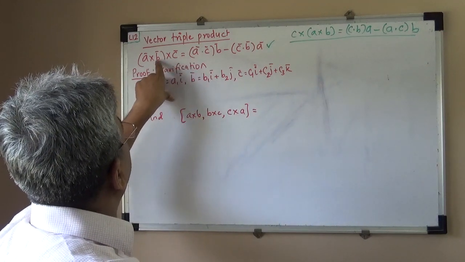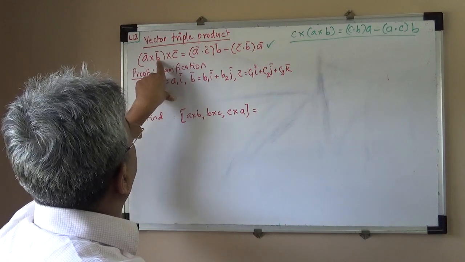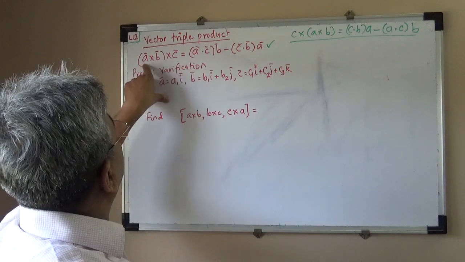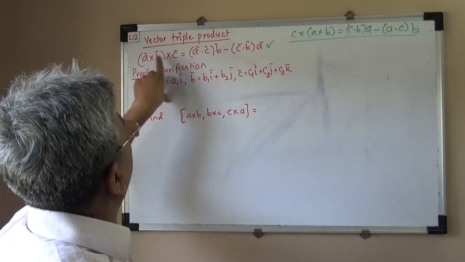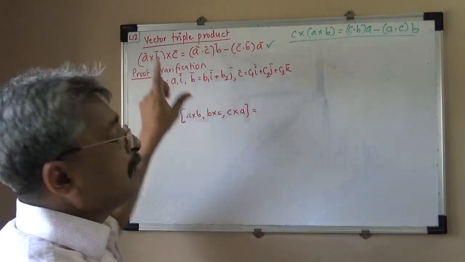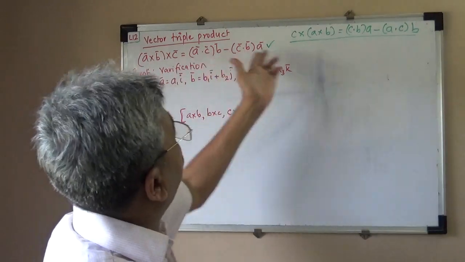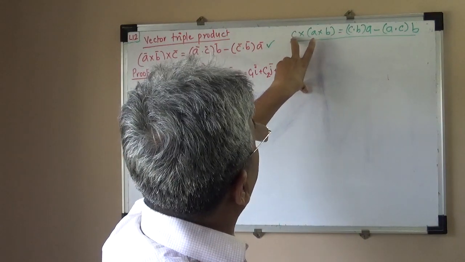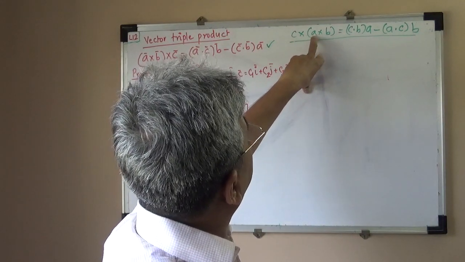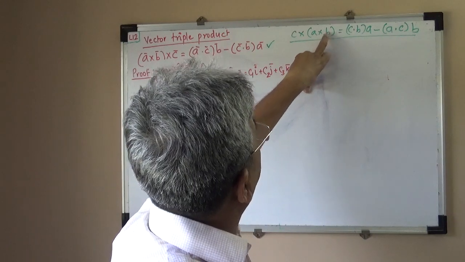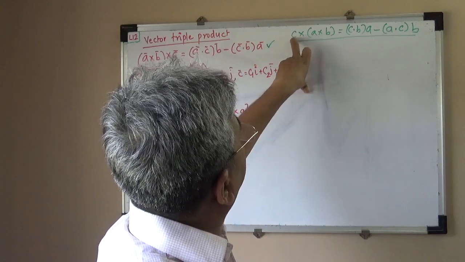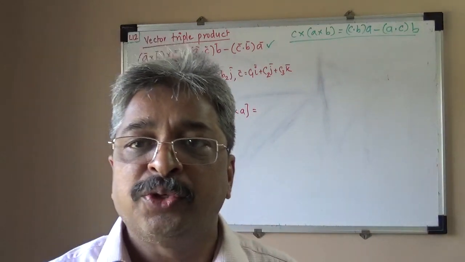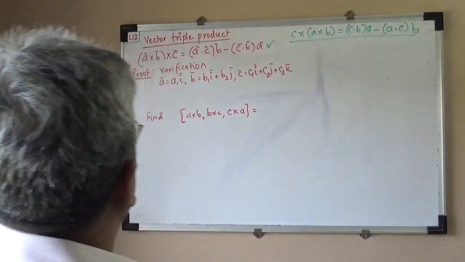First it goes to the nearest position, that makes it a dot c, and then it goes to the next position, that makes it c dot b, and whatever vector you are replacing is in the multiplication form. That is how you are supposed to remember it. Here also, first it goes to the nearest, that is c dot b times a minus a dot c times b. Okay, that is a simple trick by which you can remember this particular expression.